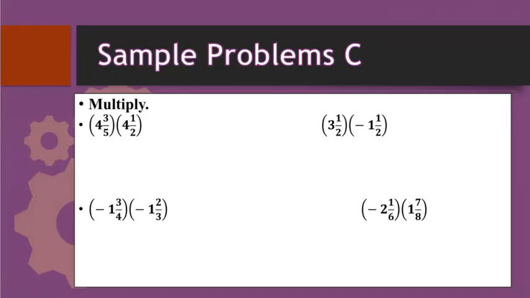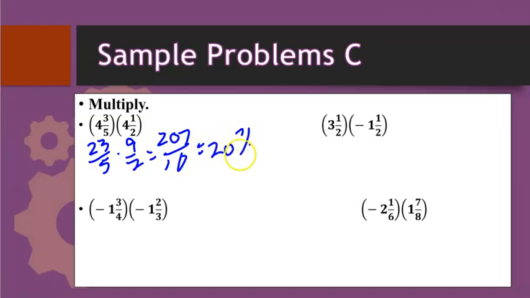Next, I have 4 3/5, which would be 23/5 times 9/2. And 23 times 9 gives us 207. 5 times 2 is 10, so 207/10. Or I can rewrite it as a mixed number, which would be 20 7/10.